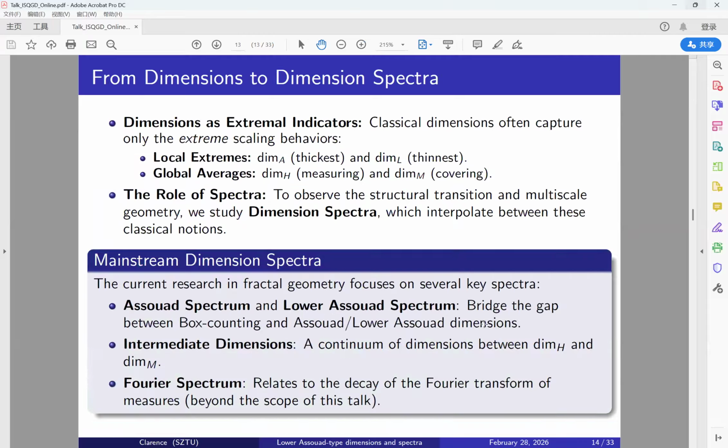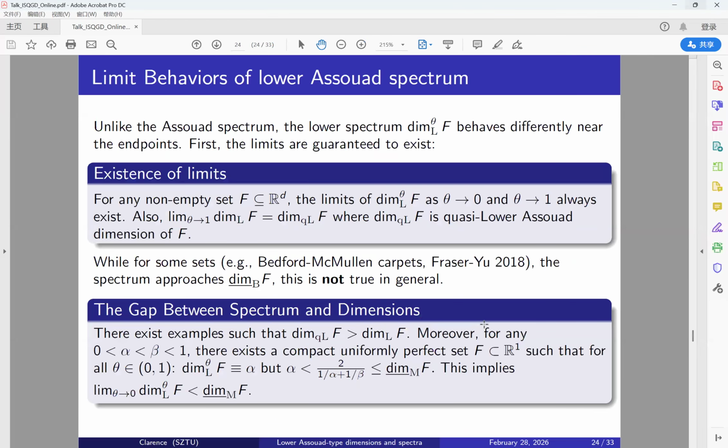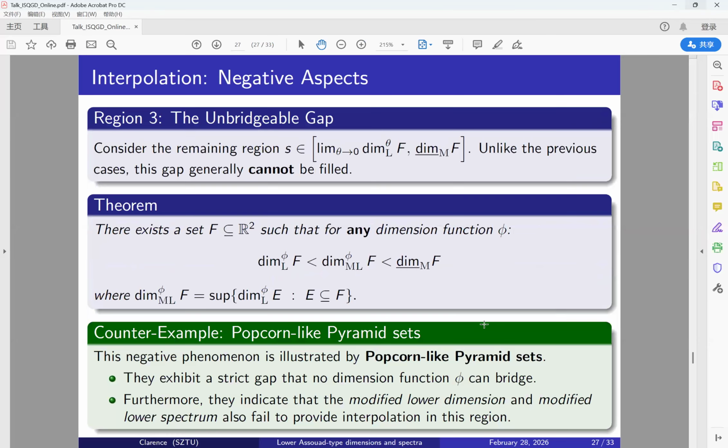So the popcorn graph exhibits a strict gap that no dimension functions can bridge from the limit 0 to the lower box dimension. Furthermore, they indicate that the modified lower dimension and modified lower spectrum also fail for the interpolation of this region.